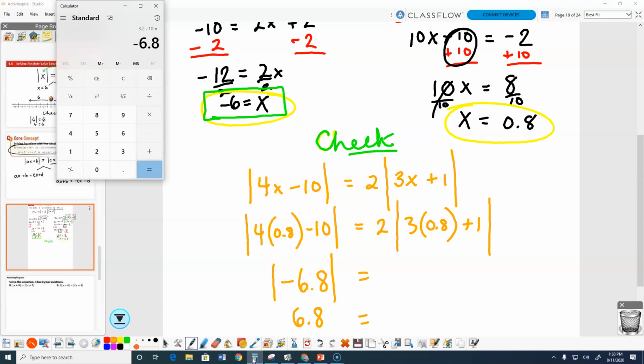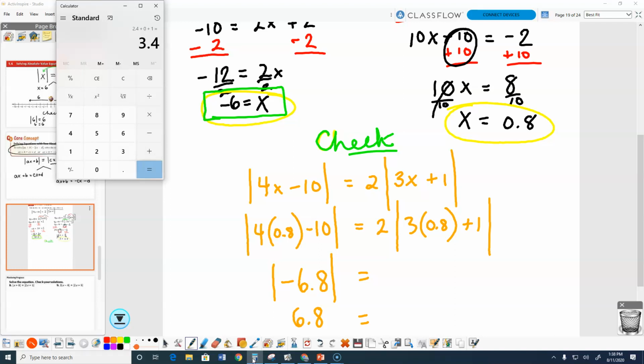All right, let's simplify the other side. Let me clear the calculator, and we have 3 times 0.8 equals 2.4, and then we're going to add 1 to that. Whoops, I messed up. I wanted to add 1 to that.